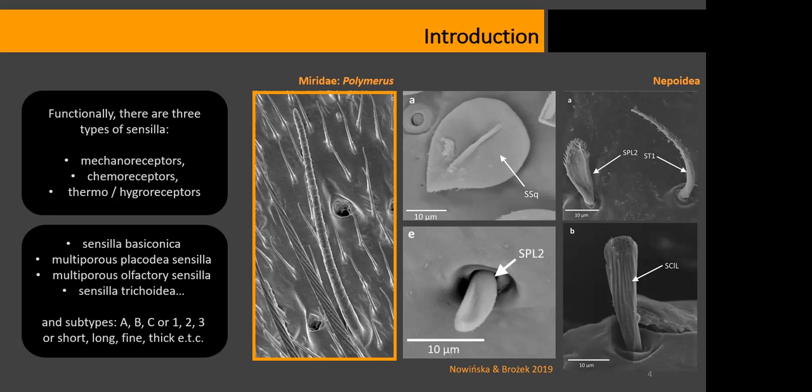In addition, some taxa have sensilla with very characteristic shapes not found in other insects, e.g. in waterbugs, leaf-shaped, club-shaped, brush-shaped sensilla, and others are known. But the information provided in this presentation will be only about terrestrial true bugs.